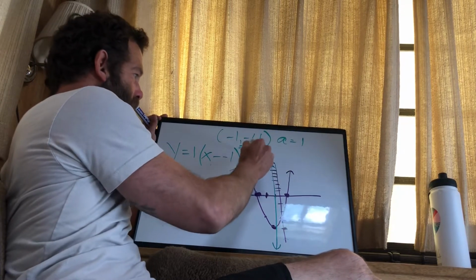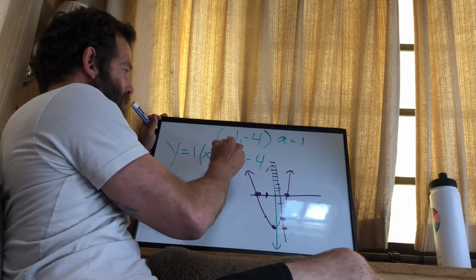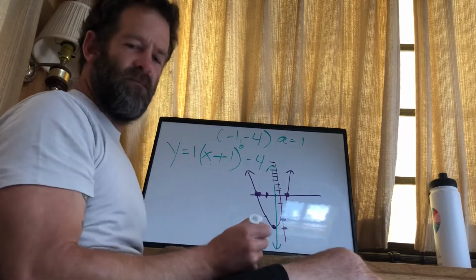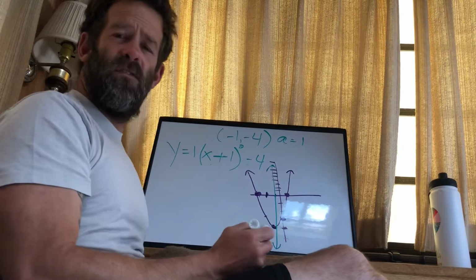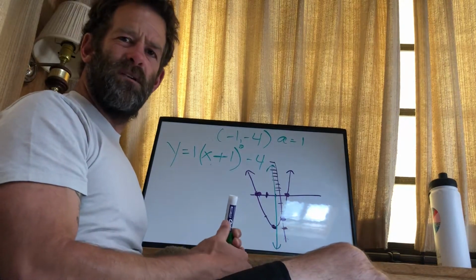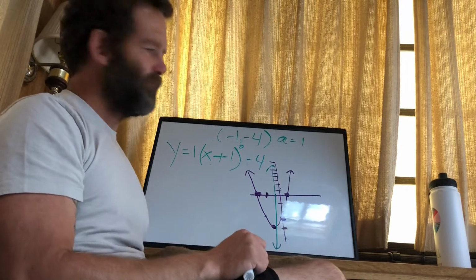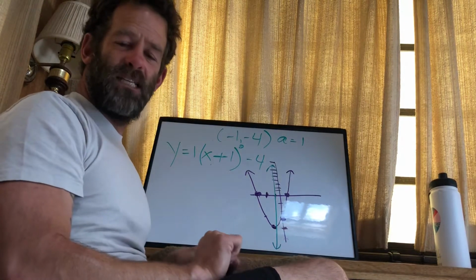So it's a -4, and I'm going to clean this up. If you were to graph this on your graphing calculator, this would be your graph. This is called vertex form. I think the book calls it graphing form. Same thing.